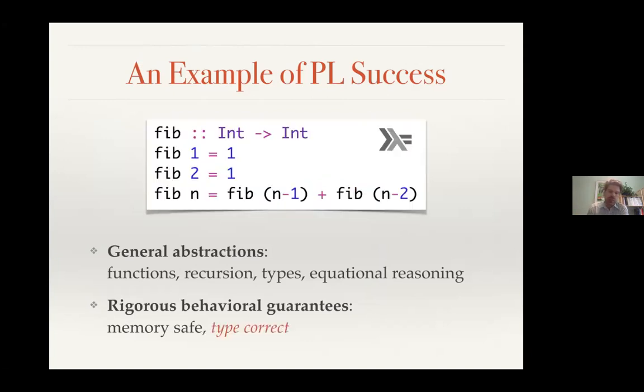And as a community, we've also looked at things like typed languages. So here's that same program, but written in Haskell. You're getting a lot of the same general abstractions here, but with the added benefit that you've got this kind of specification, saying that this is a program that accepts integers and produces integers, and you've got this behavioral guarantee that it's type correct, meaning programs that use the fib function that we've defined here treat it like a function.